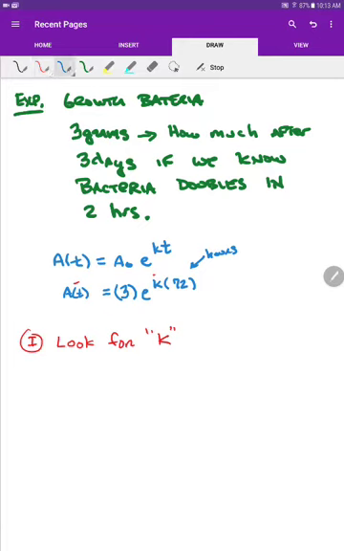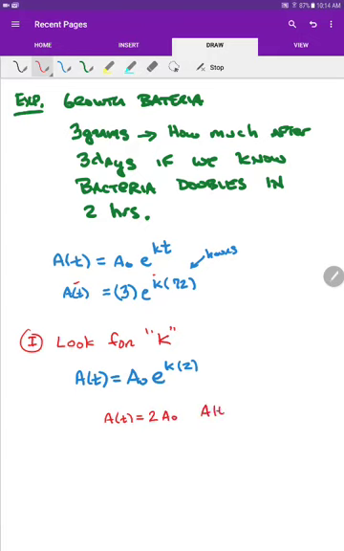So how do we find K? Let's go back and look at our relationship again and see if we have any information that can lead us to K. A of t equals A0 e to the kt. Well, we know that in 2 hours, this thing doubles. If it doubles, that means our final amount equals twice our initial amount.